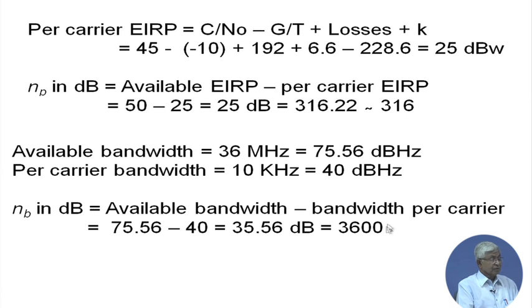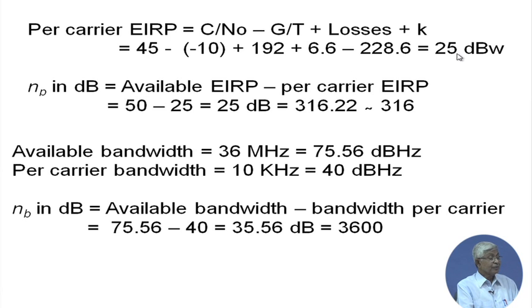Somebody can argue, no, I am getting this one higher, so I should use this. Now just from the bandwidth side it will definitely support, because 10 kilohertz is the bandwidth. But if 3600 carriers are put on the transponder, each carrier at 25 dBW, and you convert this 3600 into dB form and add these two, then you will exceed the available EIRP of 50.